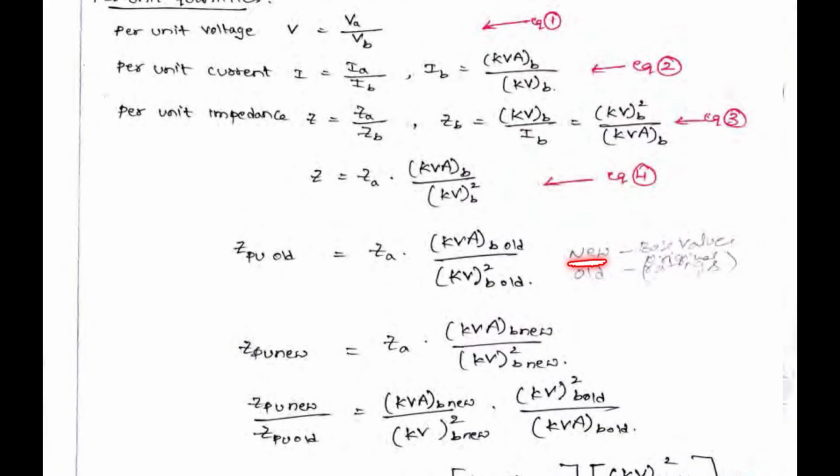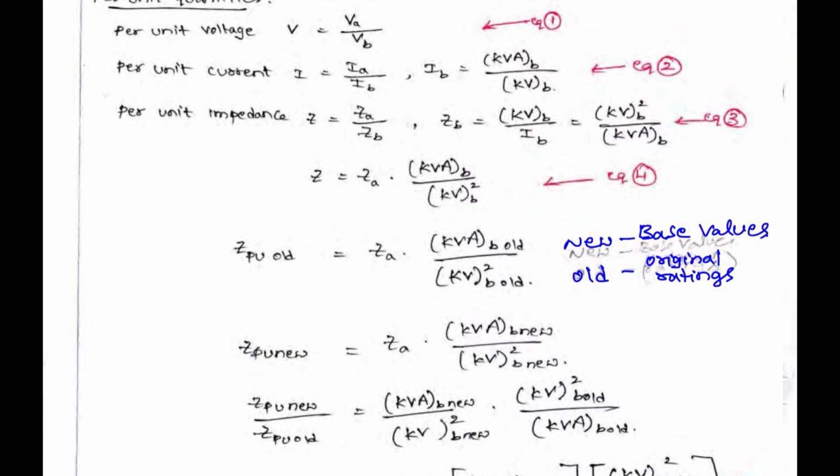New values are nothing but the values that are selected as new base values, and old values are nothing but the original ratings. Okay, old values are nothing but the original ratings. Old represents the old values and new represents the new base values.